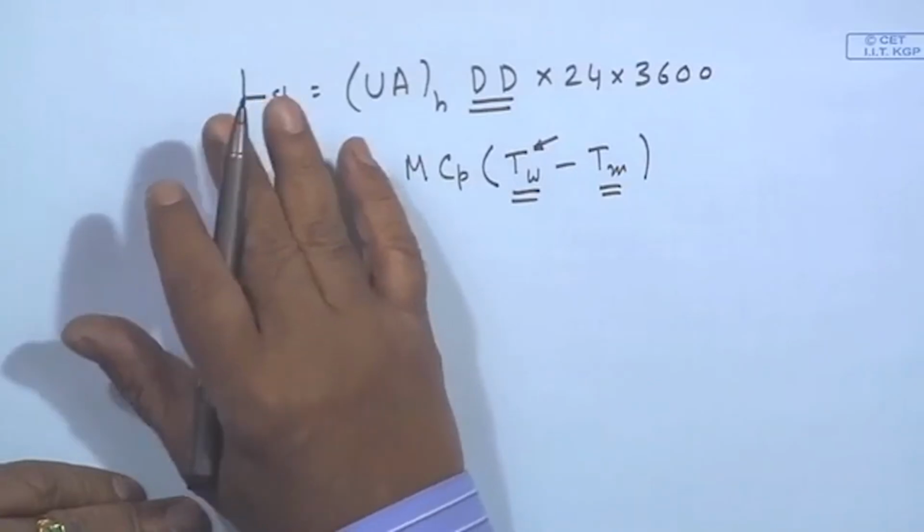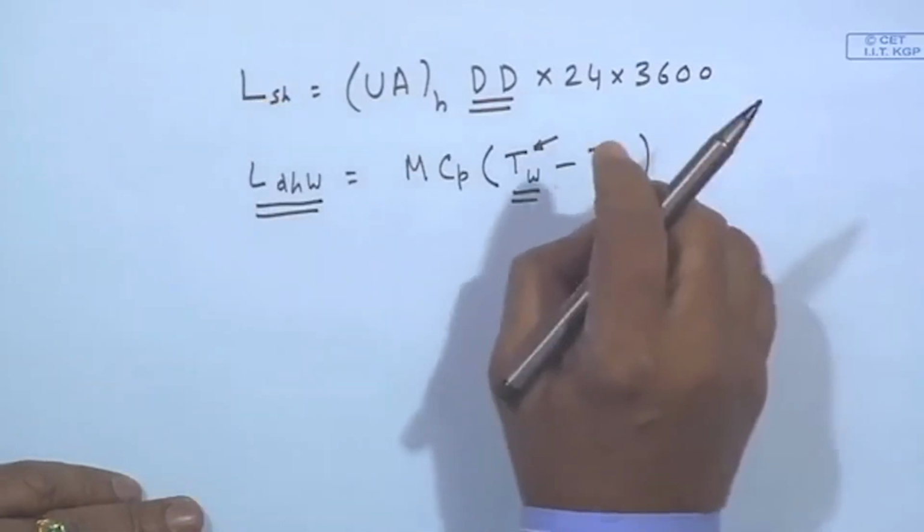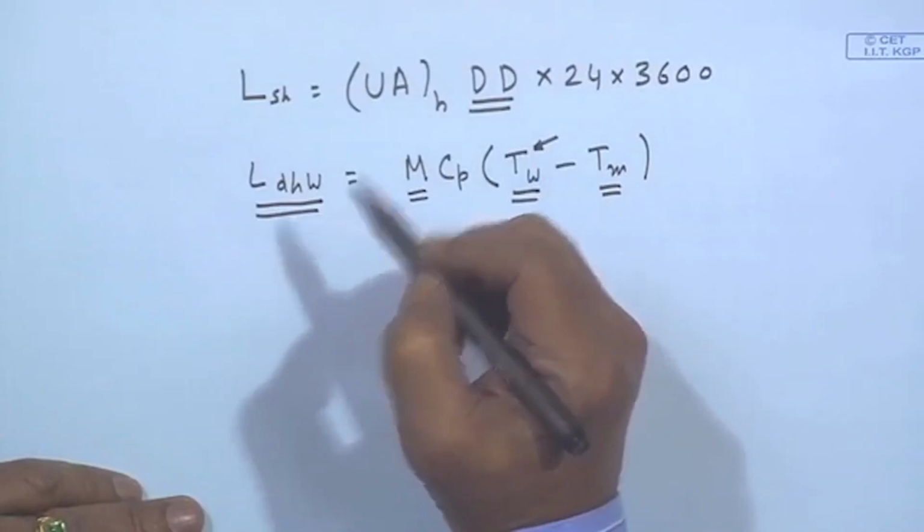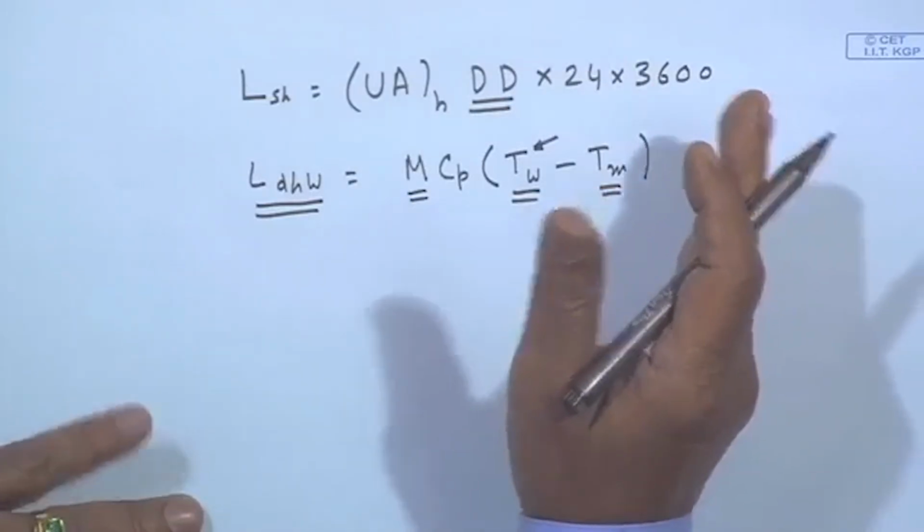So, the amount of energy saved will depend upon how much mass of water is delivered by the solar energy system and at what average temperature or instantaneous temperature, and one can compare it to the total amount of domestic hot water load; that will be the fraction met by the solar energy system.